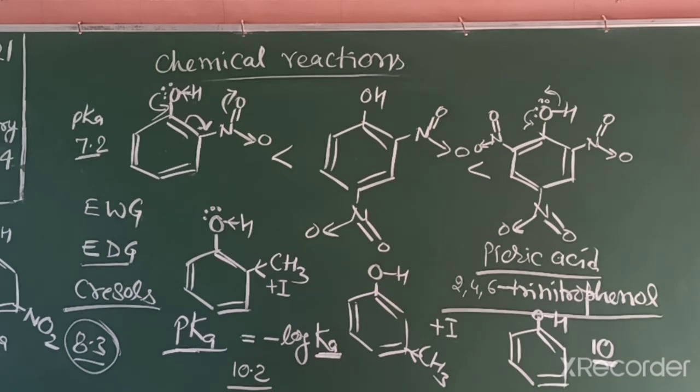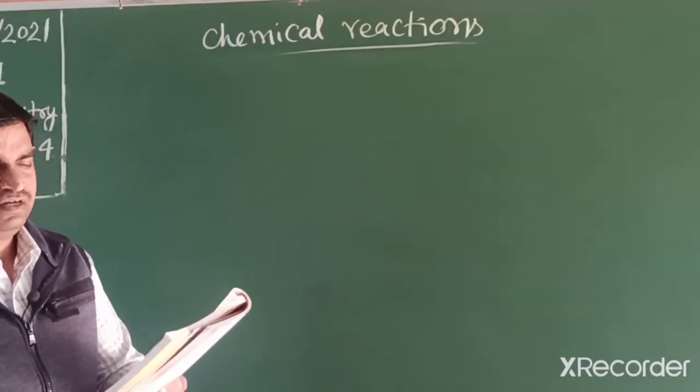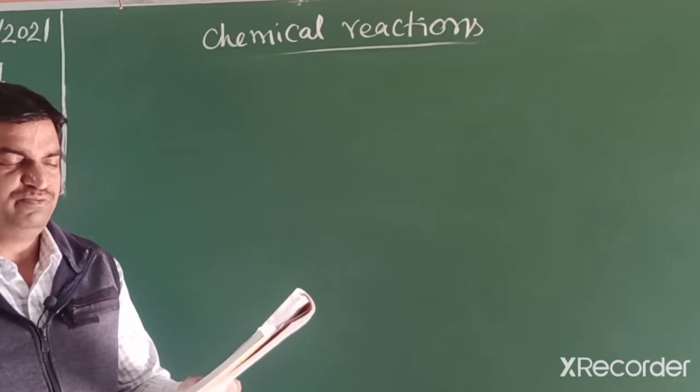So now we solve a numerical. The question given: arrange the following compounds in increasing order of their acid strength.